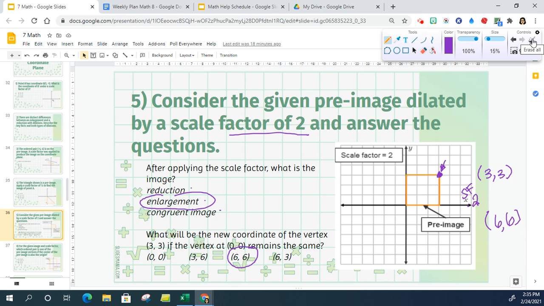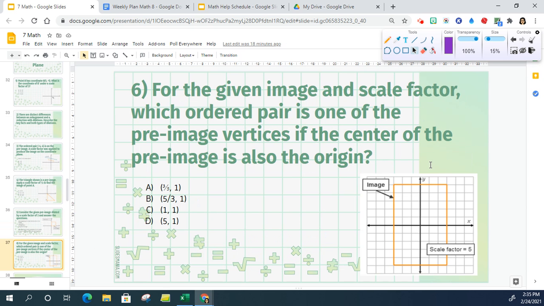All right, last one that we're going to do today says, for the given image, okay, so this is the new image, and the scale factor, which of these ordered pairs is one of the pre-image vertices if the center of the pre-image is also the origin? We have a scale factor of 5, and we're trying to figure out which of these could have been on the pre-image. The yellow rectangle is the new image. Let's label these coordinates.